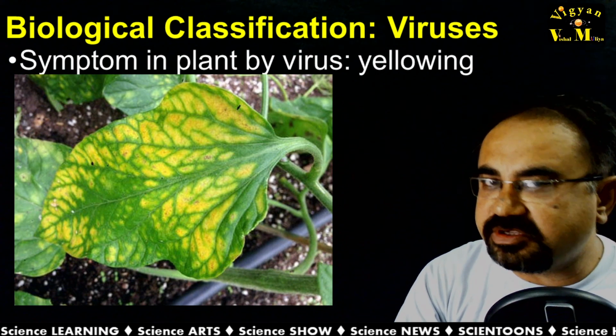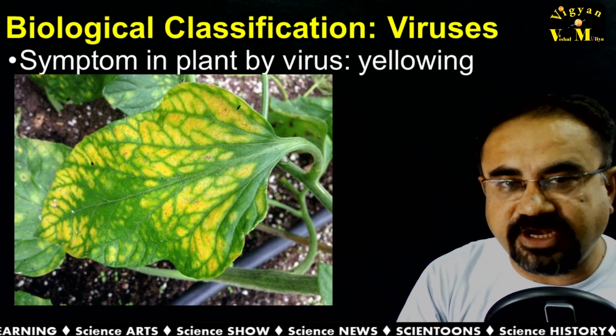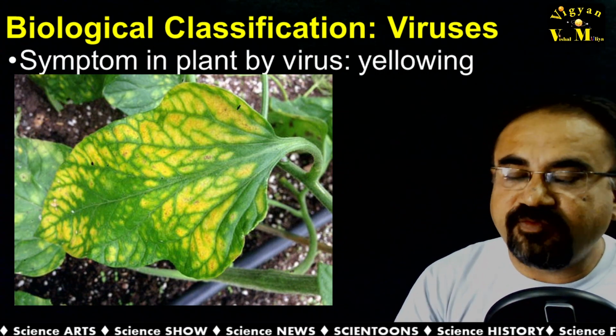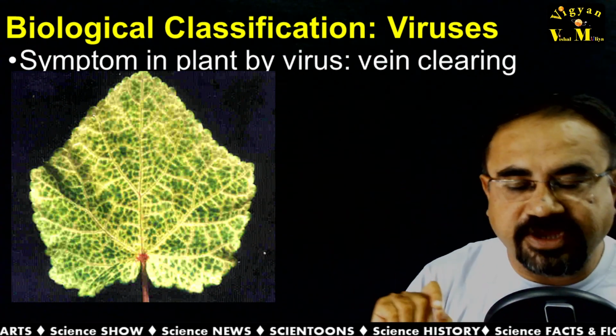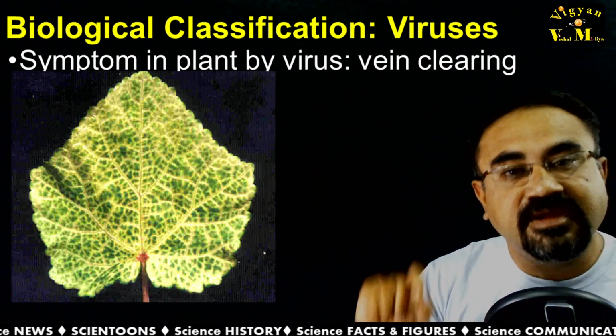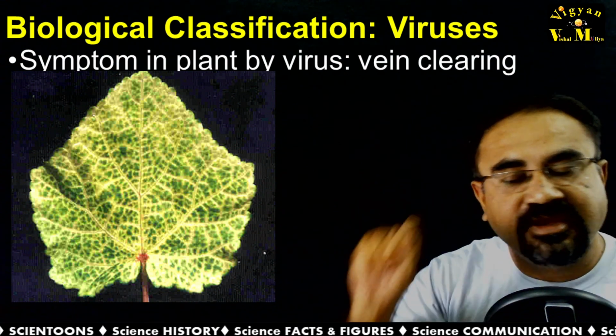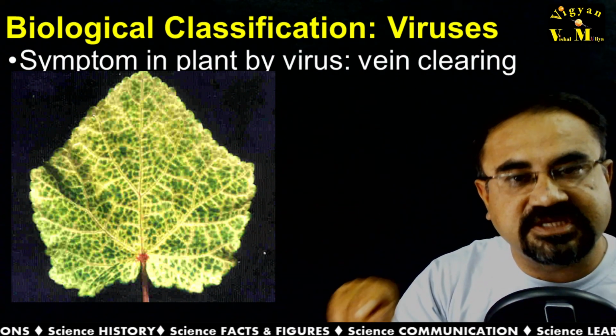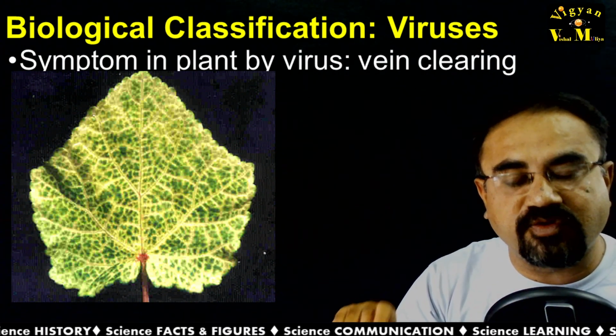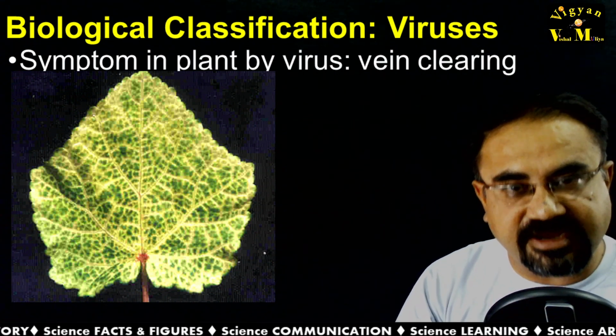Yellowing happens because of loss of chlorophyll in the cell, and when the virus is passing through the vein, it is killing the cells or damaging the chlorophyll, and that's why vein clearing can be seen.